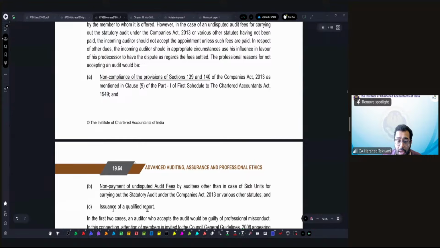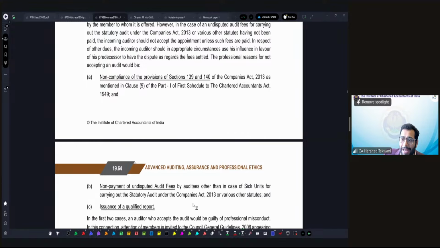Three, issuance of a qualified report: if he was removed just because he issued a proper qualified report, you should not accept. But issuance of a qualified report is subjective. The auditor might say, I issued a qualified report, so they are removing me. The company might say, we are removing because we did not like the service, not because of the qualified report. So you need to understand what the scenario is.